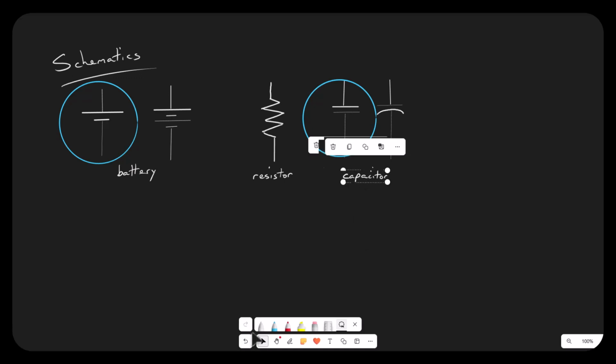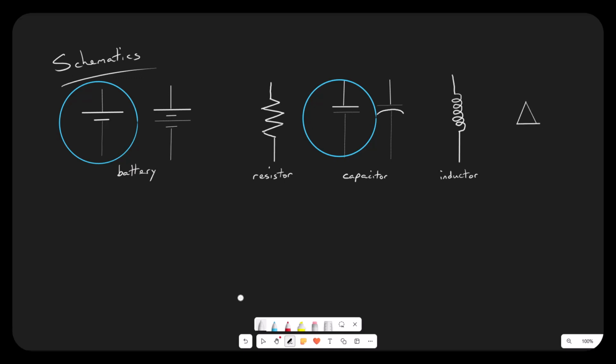Other circuit elements, so these are the ones that we'll talk about the most. Other circuit elements that you'll see, maybe an inductor. Not going to talk too much about what that is yet. Not going to talk at all about what that is yet. But sometimes it's nice to have everything together in one spot. That's an inductor. This is a diode.